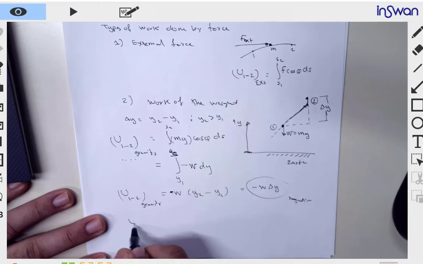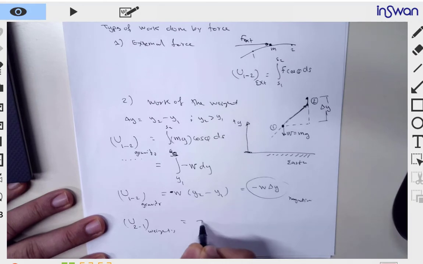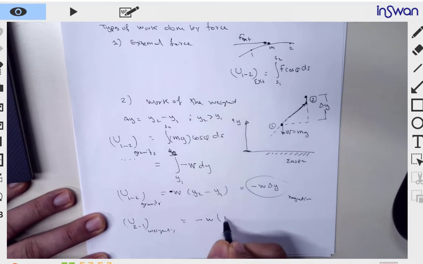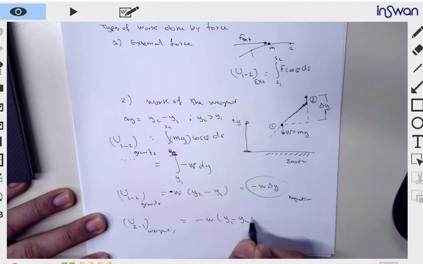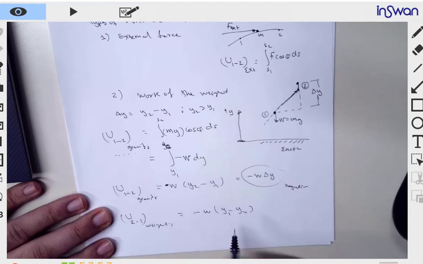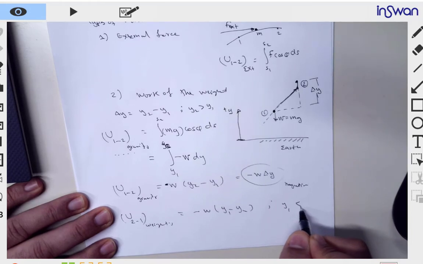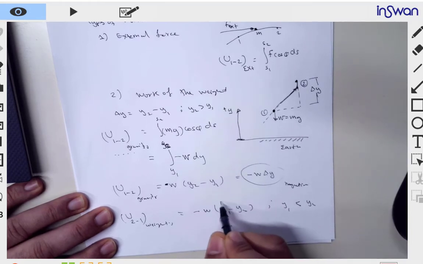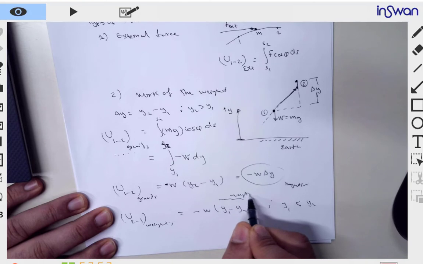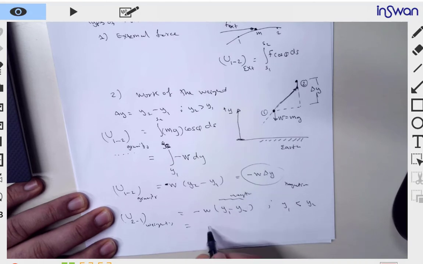However, if I want to go from 2 to 1 of that weight, or of that gravity, then it's equal to negative w (y1 minus y2), where y1 is less than y2, so this is a negative value, therefore this becomes a positive value.